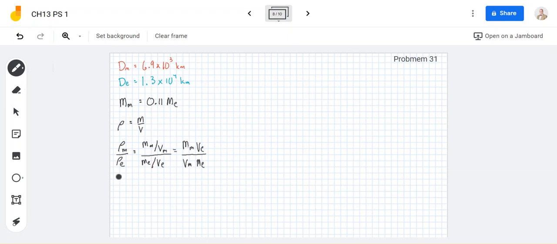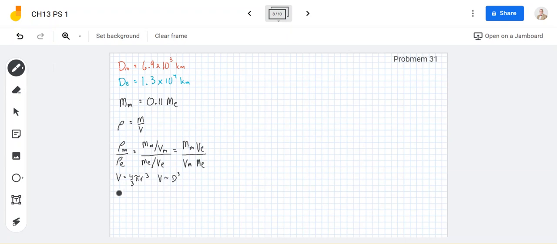Now, if we remember back to geometry, volume is equal to 4/3 pi r cubed, which means that the volume is proportional to the diameter cubed. It would change the constant, but it's just a proportionality here.